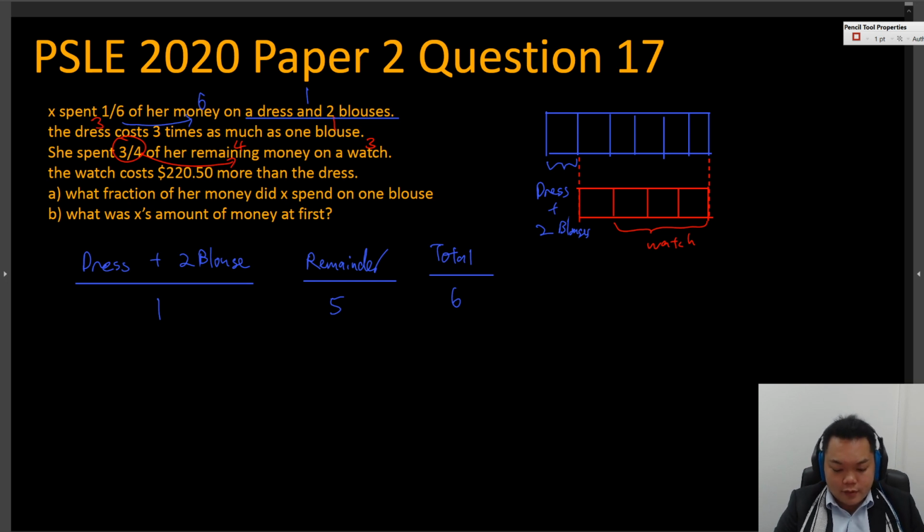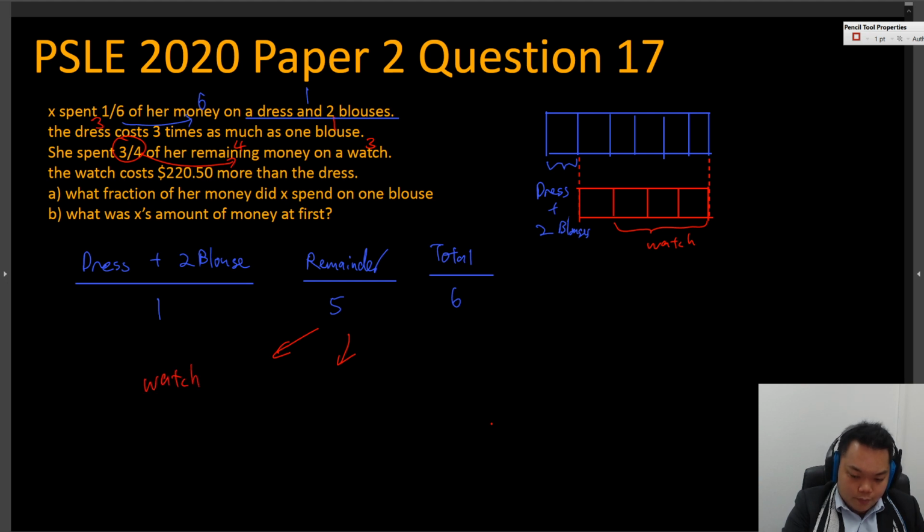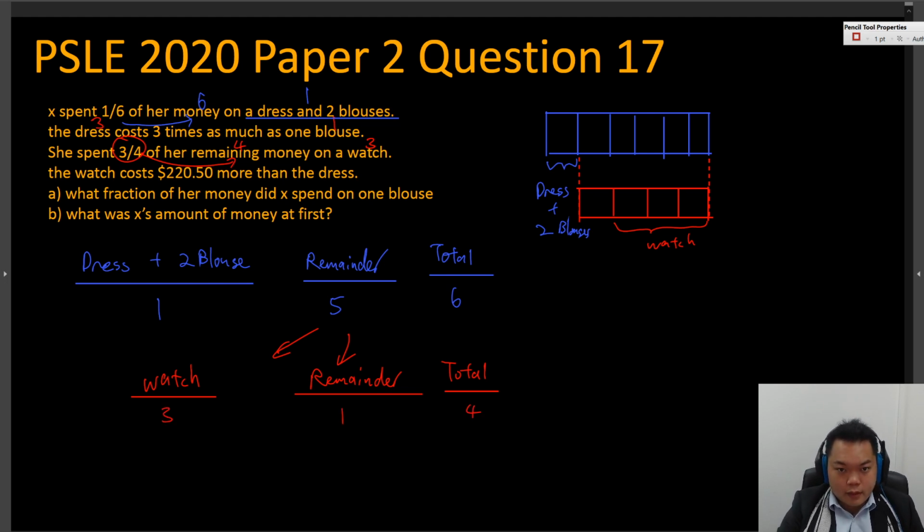So in the branching portion, this is what it will look like. On the watch, remainder, and the total here. This is 3 out of a total of 4, remainder here is 1.